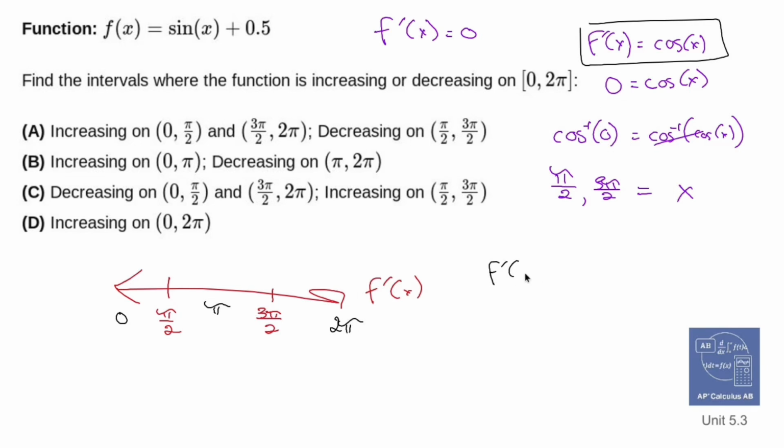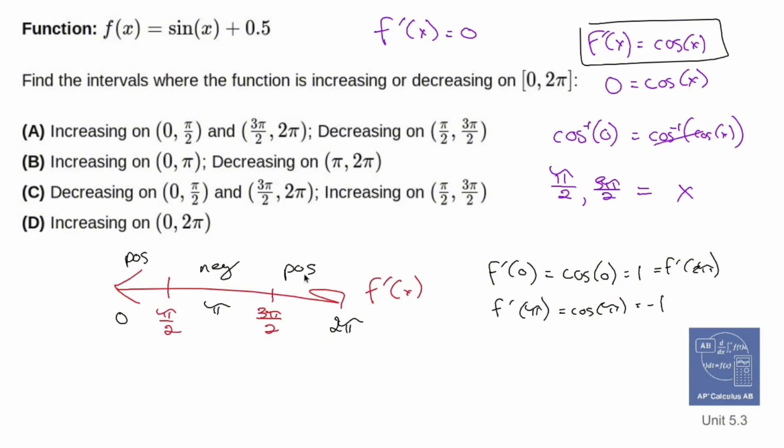So f prime of 0 is cosine of 0, which is positive 1. So you're positive. f prime of pi is cos of pi, which is negative 1, negative. f prime of 0 is the same thing as f prime of 2 pi, so you're positive. So it looks like we are increasing on 2 intervals between 0 and 2 pi.